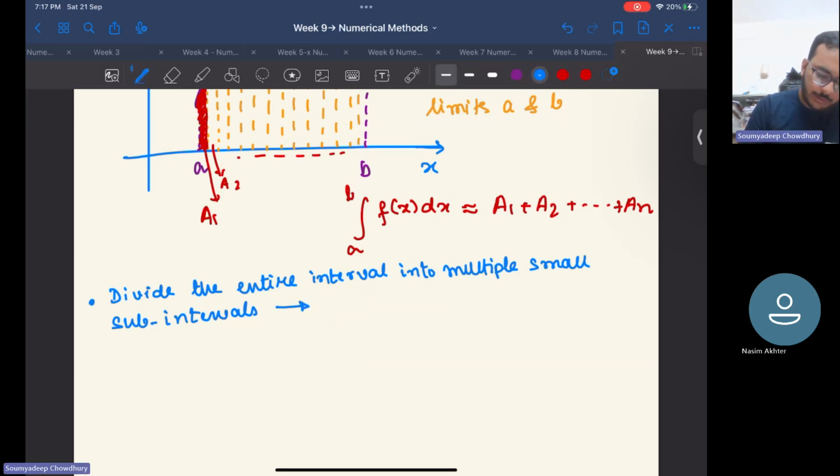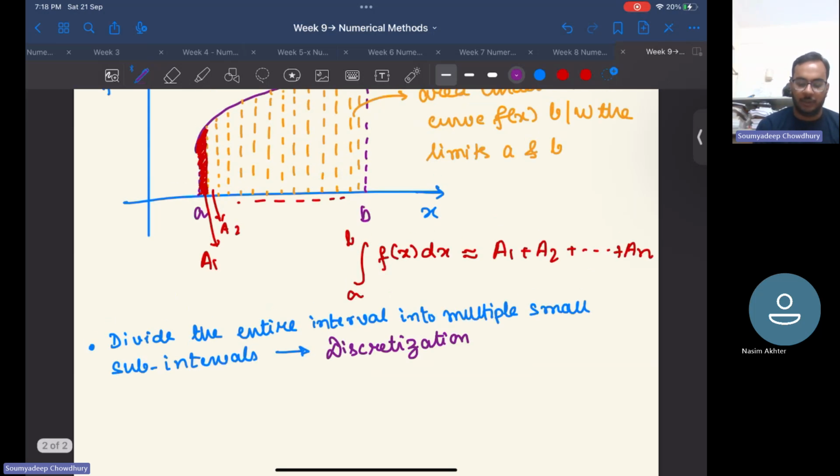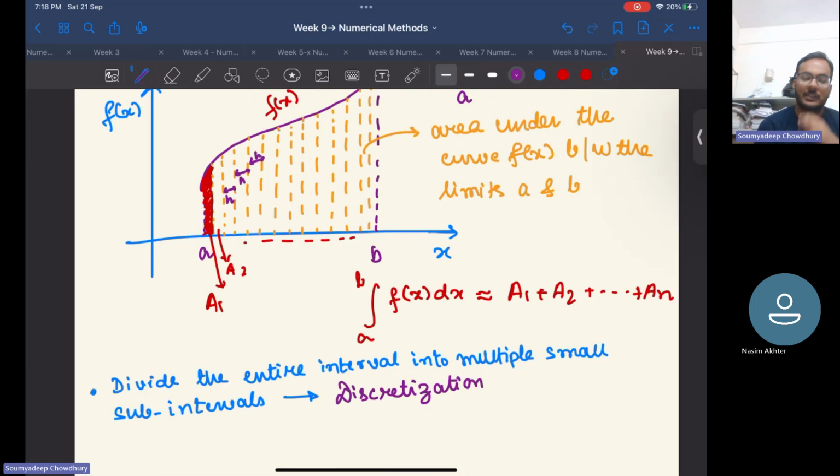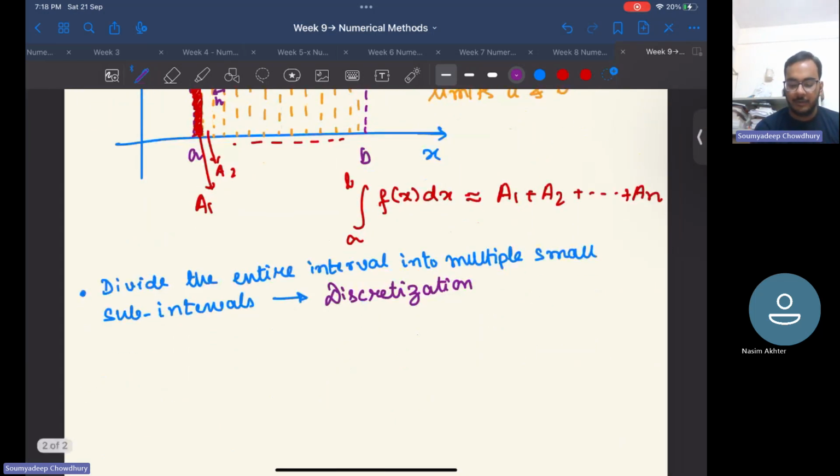This process is known as discretization. The smaller you divide, that is, the width of the subinterval should be as small as possible. The step size, that is the discretization unit, is the width of each of these intervals. Suppose the width is h. All are equal intervals. So this h should be as small as possible. Then only your answer will be accurate, right?